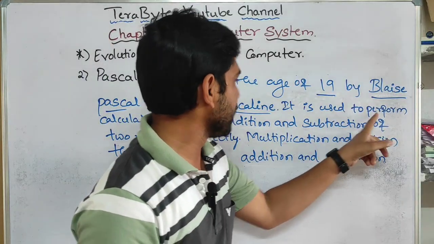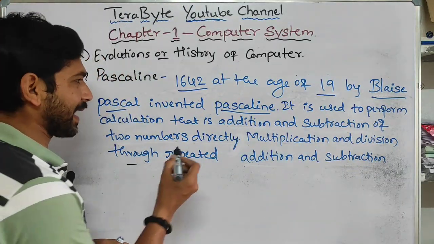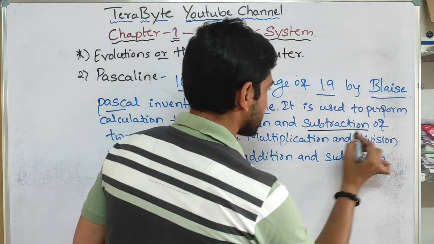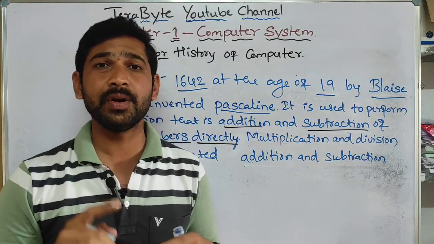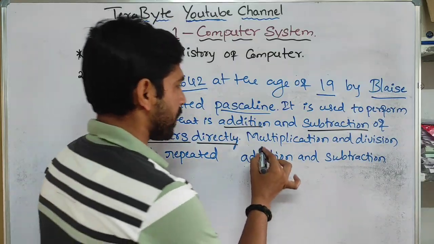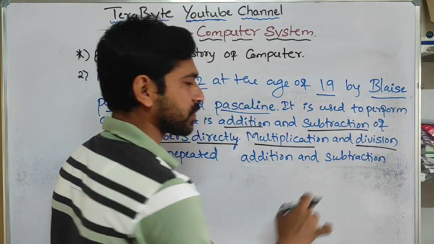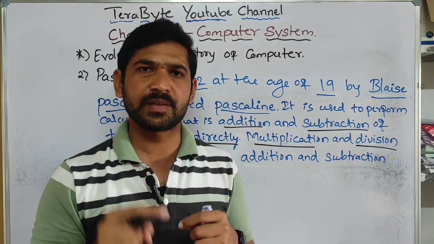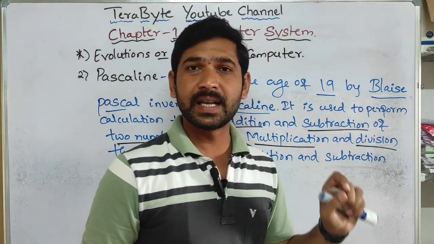Then it is mainly used to perform addition and subtraction of two numbers directly. So what can be done directly in this? Addition and subtraction of two numbers. Then multiplication and division through repeated addition and subtraction. So if we do repeated addition and subtraction, what output or result do we get? Multiplication or division.